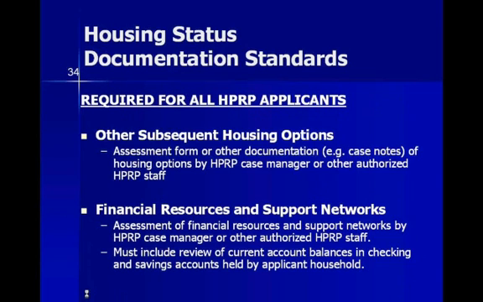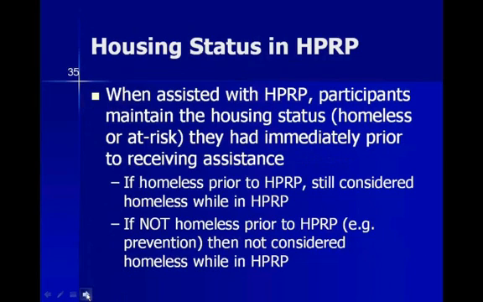I want to make a very quick note about housing status for folks who are participants of an HPRP program. Basically, housing status, as I mentioned earlier, is one of 4 categories per the data collection standards: literally homeless, at imminent risk of losing housing, at risk of losing housing, which is simply not at imminent risk, or stably housed.